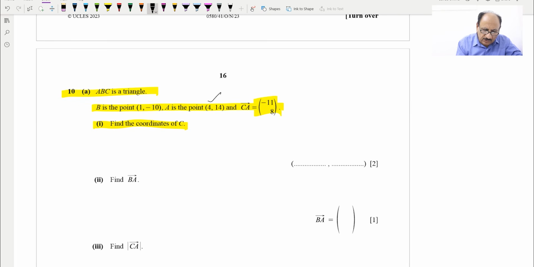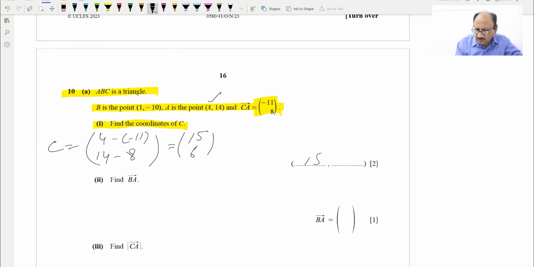Okay, so we will be taking 4 minus 11, and 14 minus 8. This will be our coordinates of C, and this is equal to what? This will be equal to 4 plus 11 will be 15, and 14 minus 8 will be 6. So our answer will be 15 and 6.